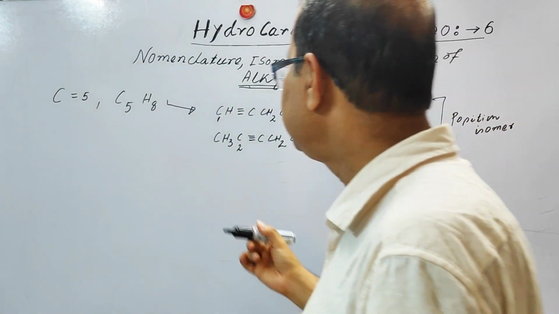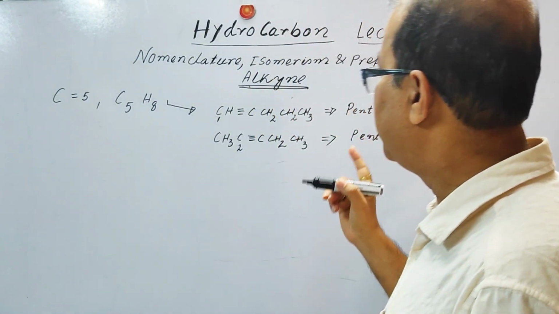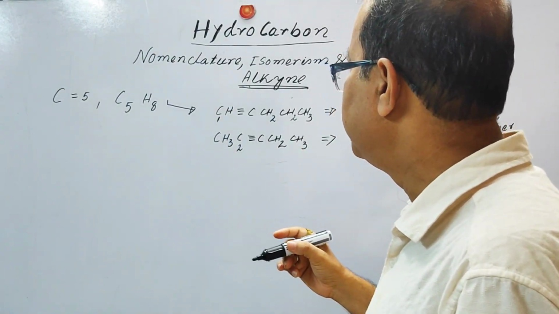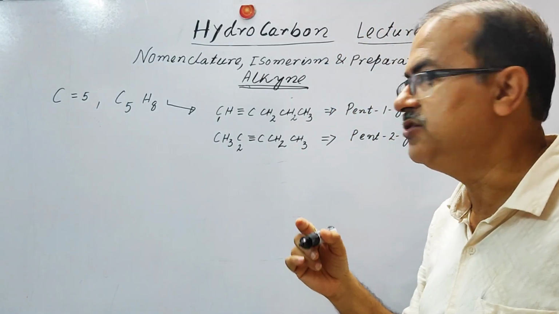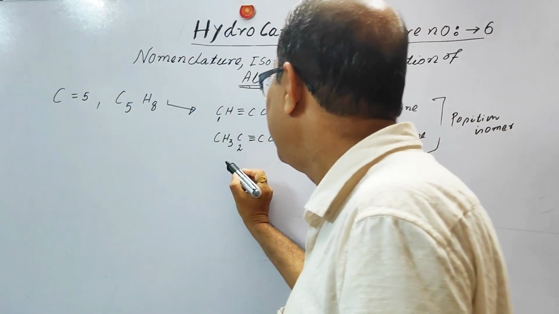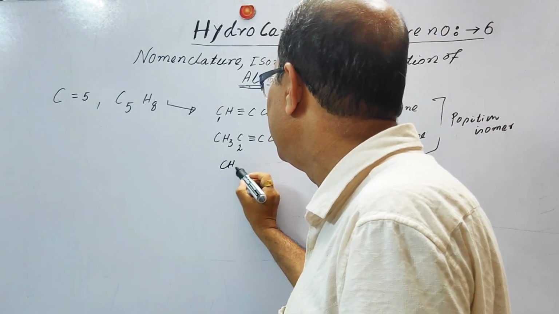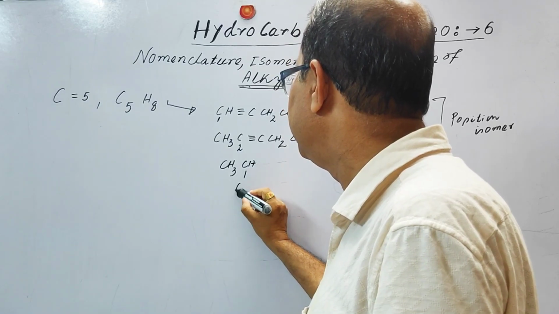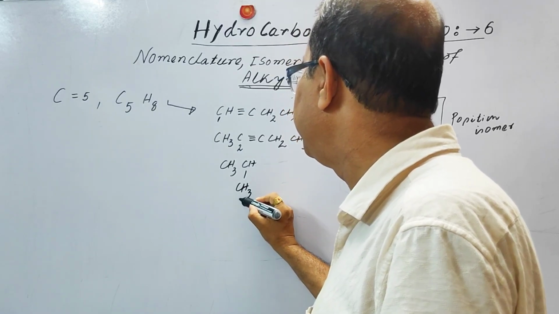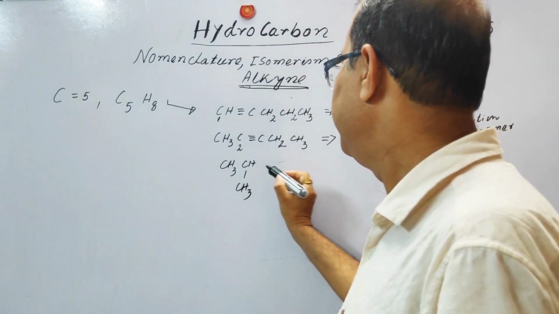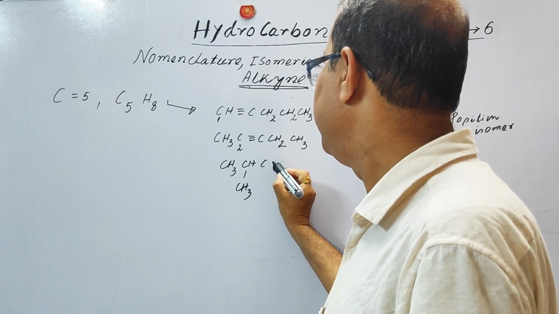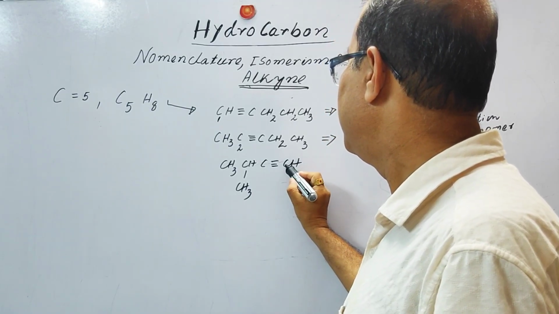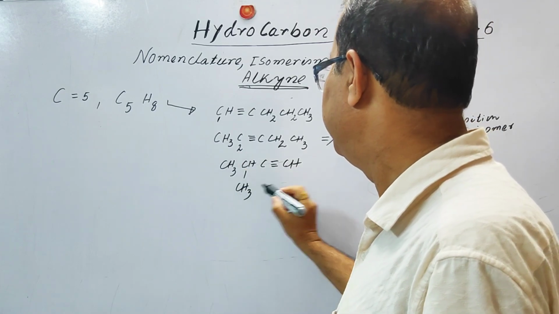Okay. Now another isomer is possible in this hydrocarbon, that will be the chain isomer. At that time, we will create a chain here: one, two, three, four, 5.